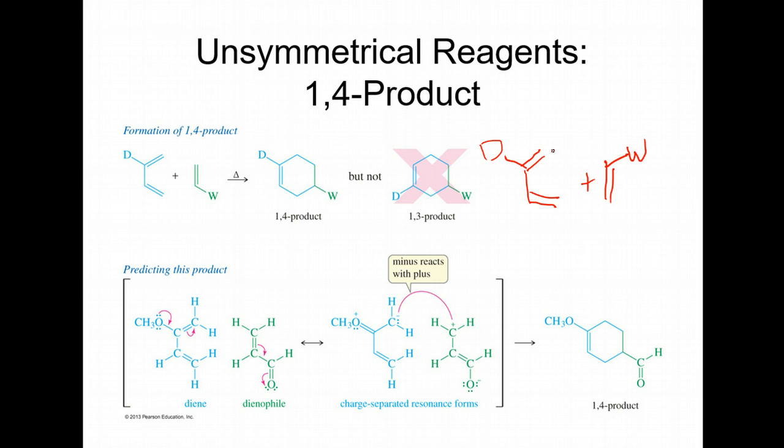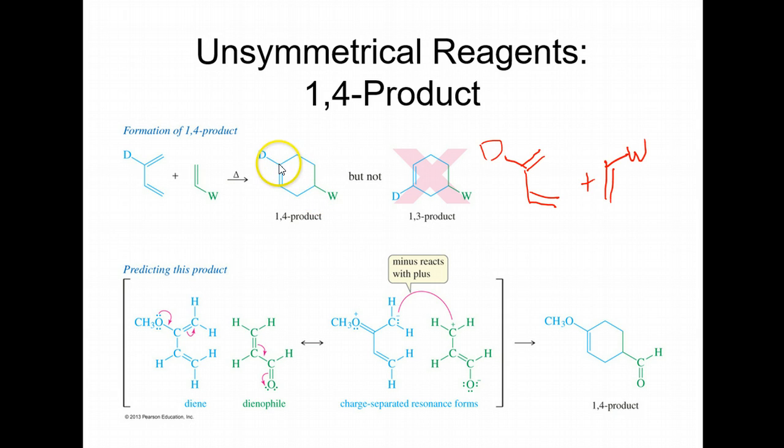Like that. Is our withdrawing group, or our W group, on the same side of our D, or is it on the opposite side of the D? Well, obviously it's showing you it's on the opposite side of the D. So if you have this kind of compound as starting materials, you always form the 1,4 product.